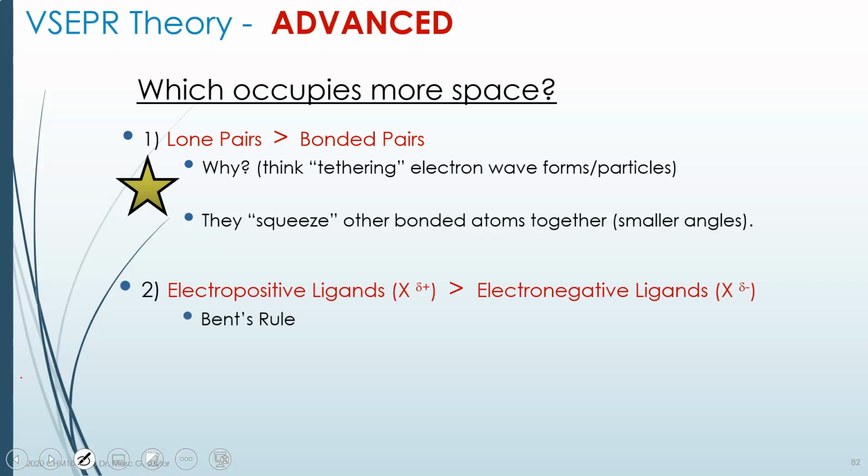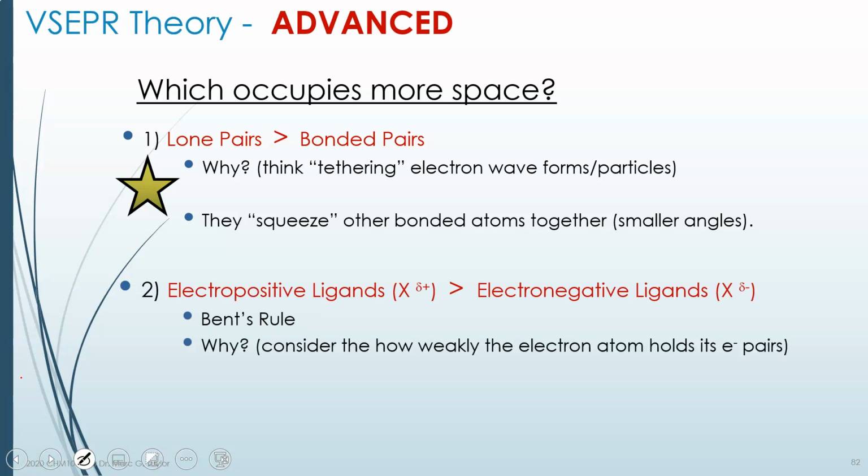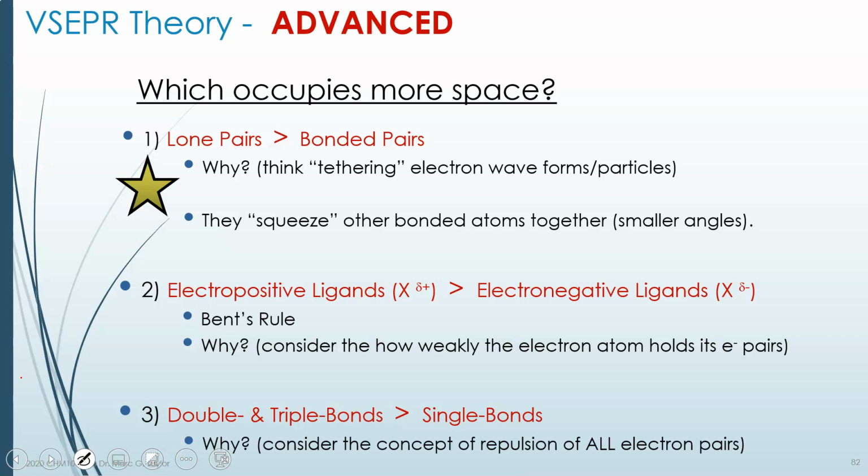Electropositive atoms, the ones that don't pull the electrons towards them as much, don't hold the electrons in and allow those electrons also to take up more space. That's called Bent's rule. And then double and triple bonds, because there are more electrons in a double bond or a triple bond than are in single bonds, they do actually take up a little more space, but not a whole count in the X count that we were doing before. But these are all advanced rules. You're not responsible for any of them.